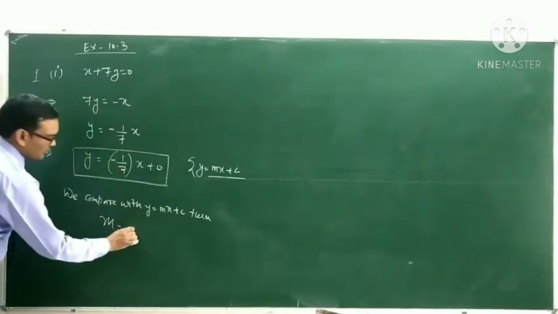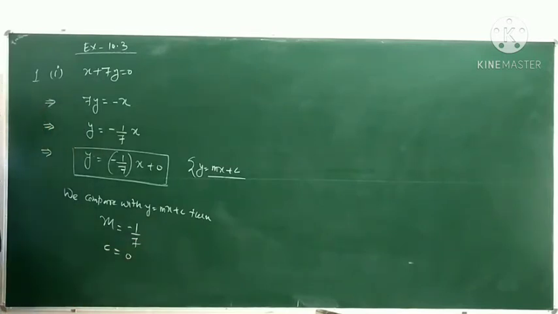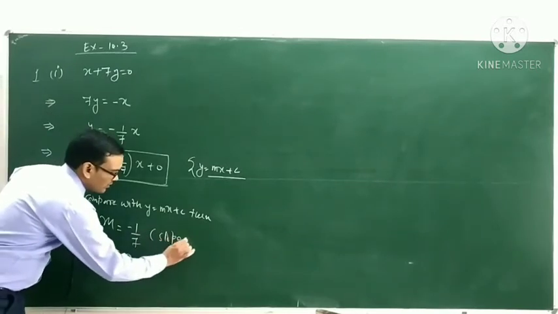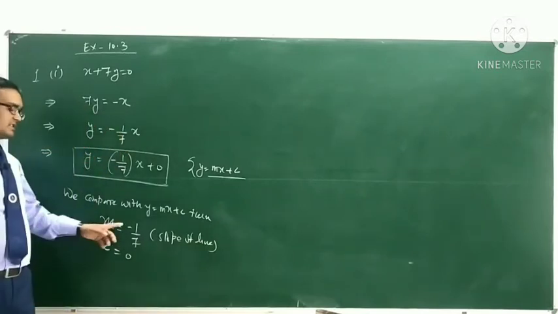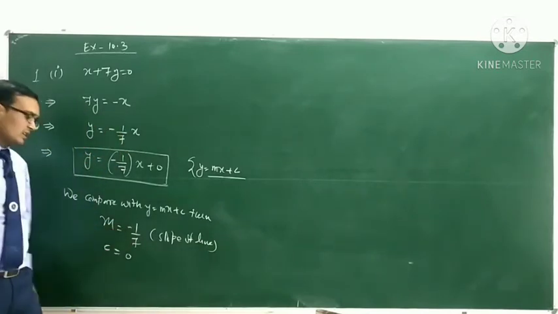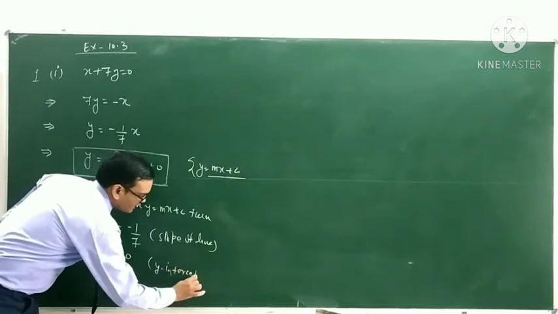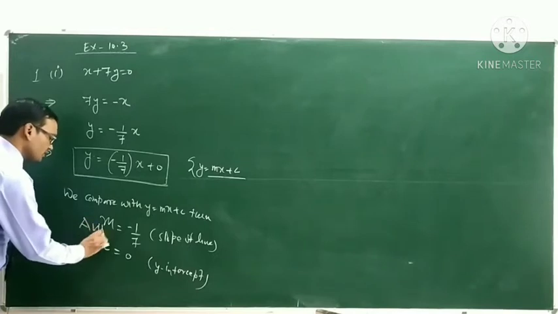Here m equal to minus 1 by 7 and c equal to 0. Then the slope of the line is minus 1 by 7 and the y intercept is 0. This is your answer.